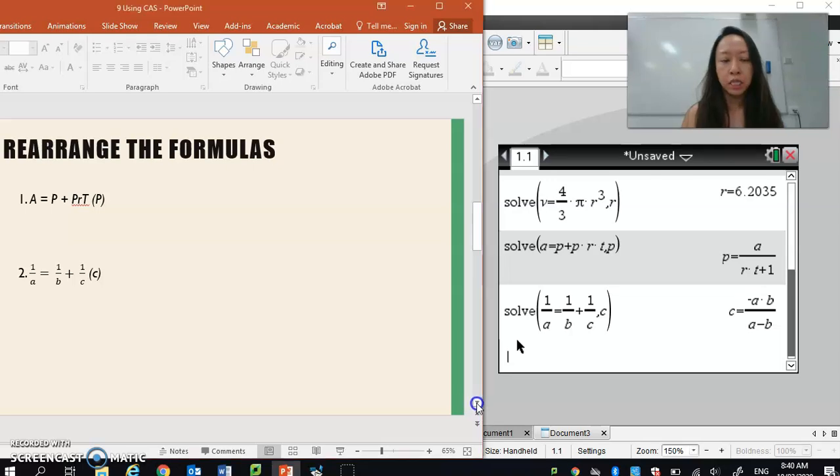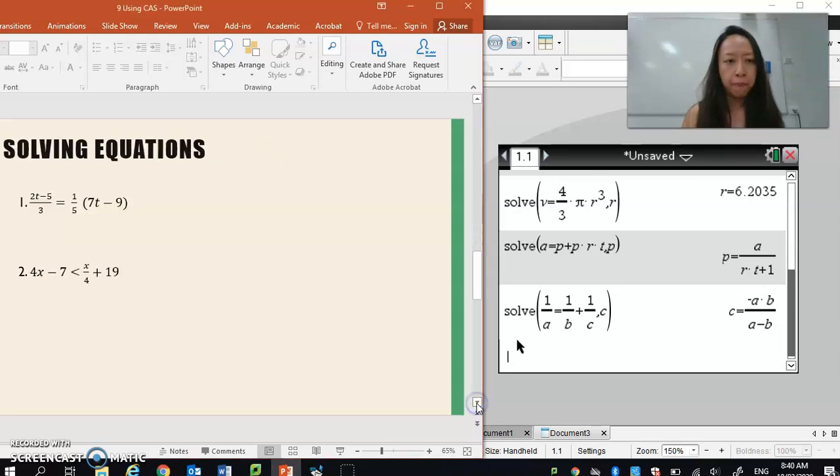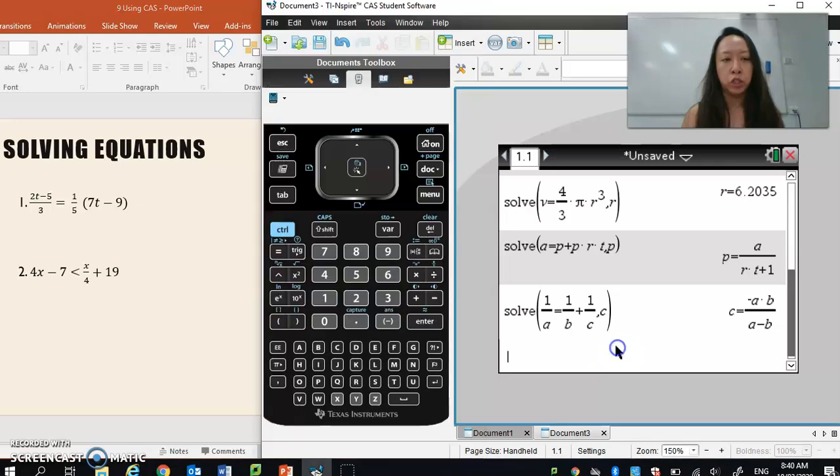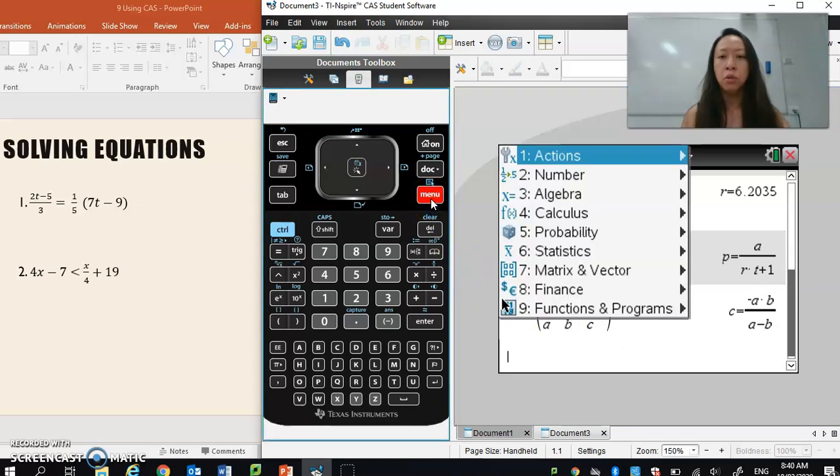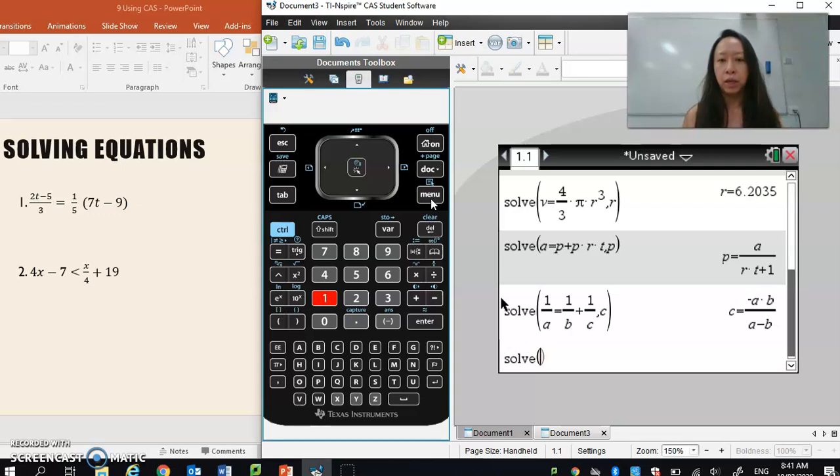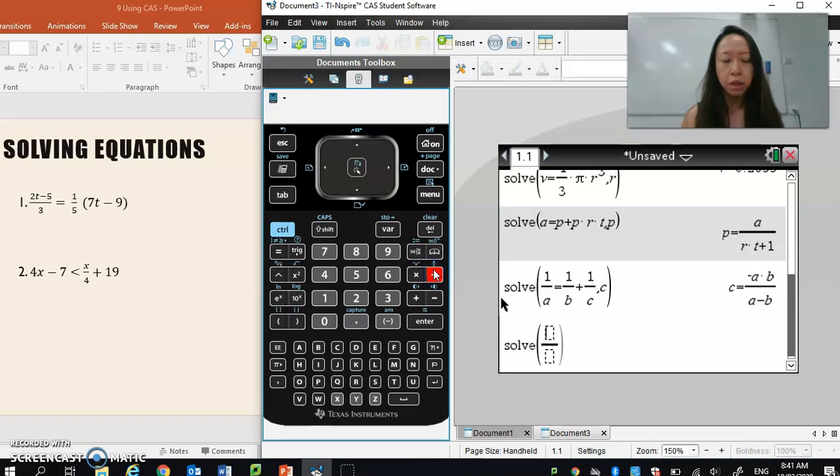The next part we are doing is, how do we solve equations using the CAS? To solve an equation using the CAS is basically the same thing. We are using the same solve function. So go to menu, press 3, 1, and we can go to solve. All you have to do is key in the equation.